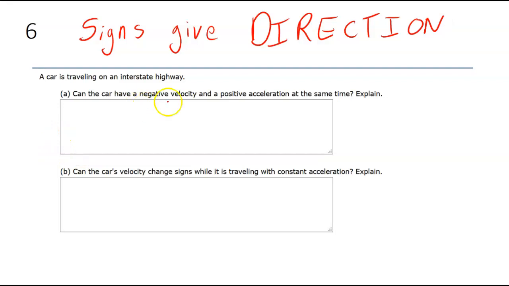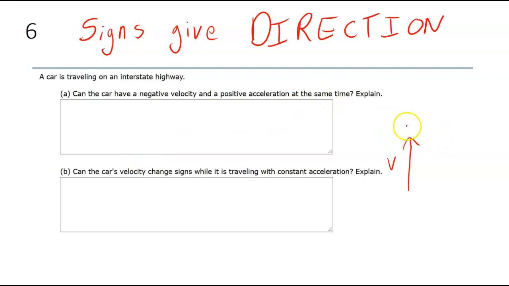So that means that something is moving in a particular direction. Let's say we have our velocity, and the velocity is negative and the acceleration is positive. Well, what we really need to understand about this description is that the velocity and acceleration are in opposite directions. That's all that means.